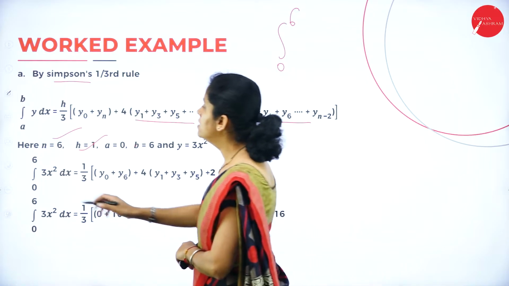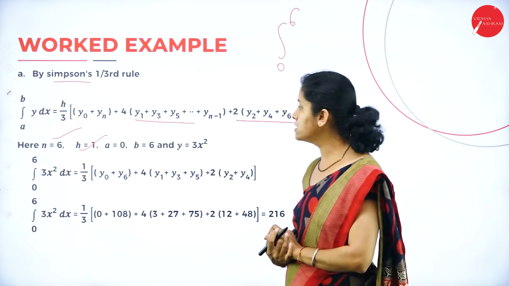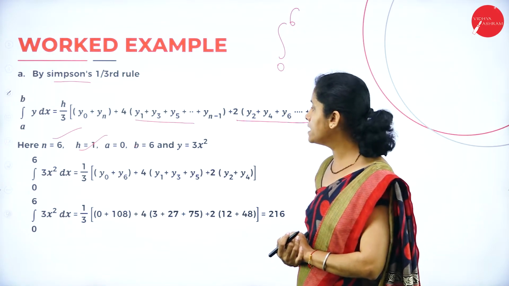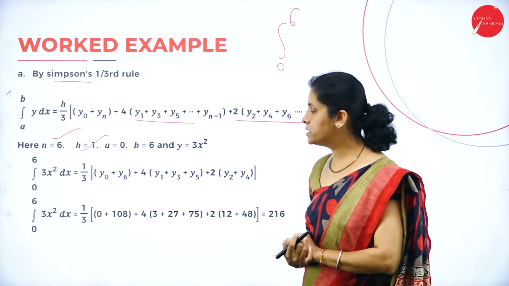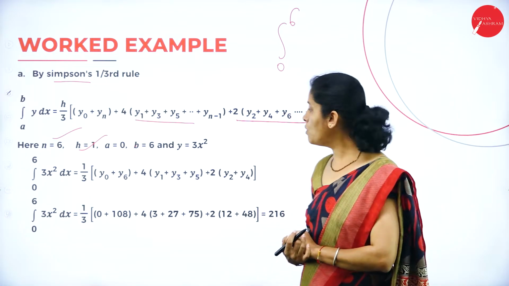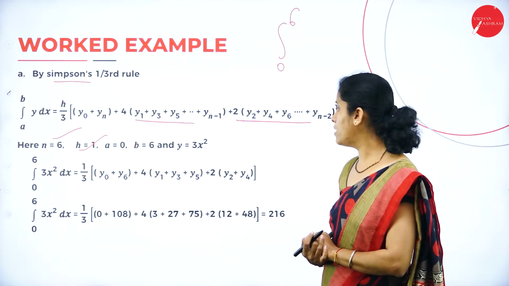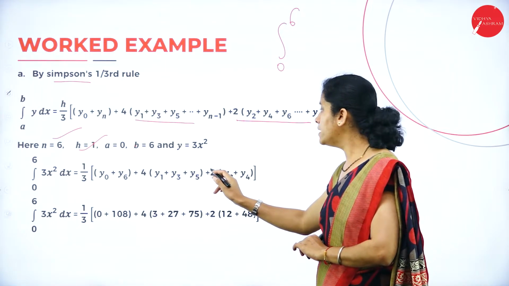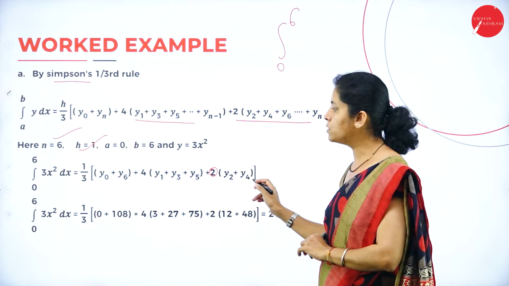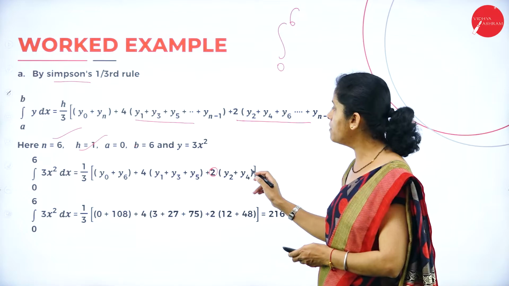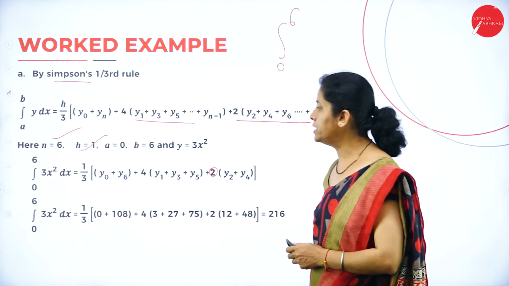So here, the integral from 0 to 6 of 3x square dx equals 1 by 3 into y0 plus y6, plus 4 times y1 plus y3 plus y5, then 2 times y2 and y4. In the sense, whatever the y1, y2 values I have, I want to substitute here.